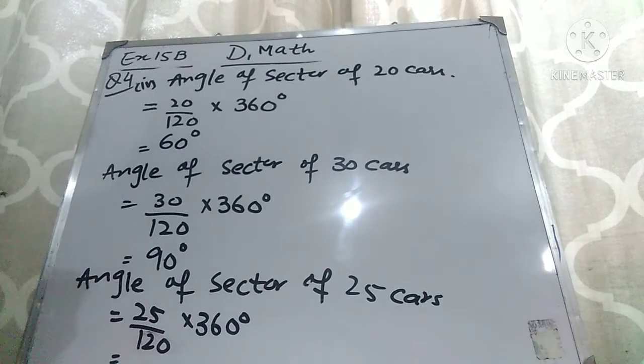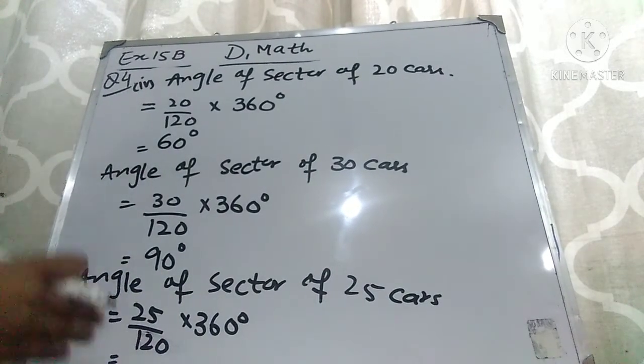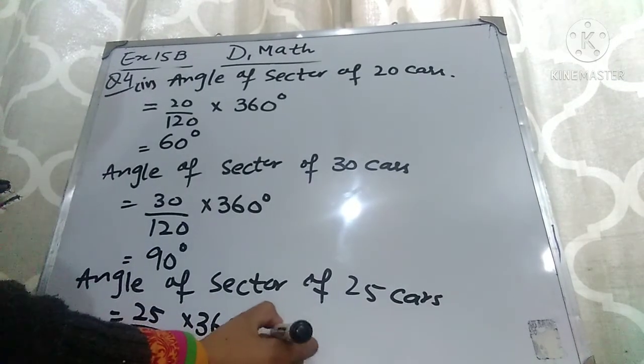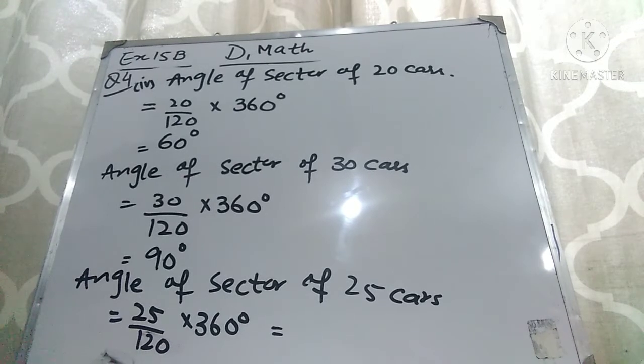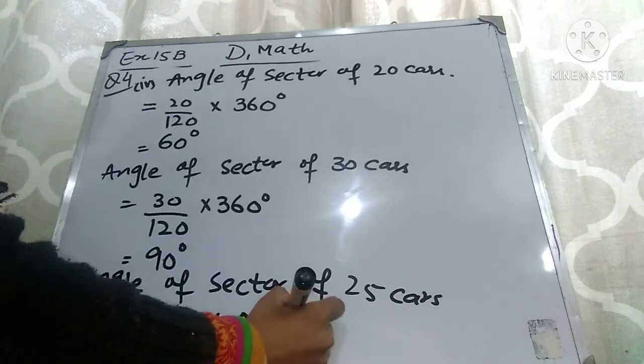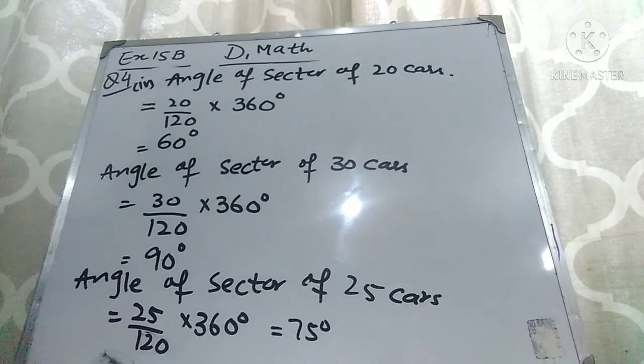So when you will divide 25 by 120, okay, here I am going to write down the answer here. So 25 divided by 120 will be equal to 5/24. When you will multiply by 360, you will get 75 degrees. So this is how you have to find out the angle of sector of all cars.